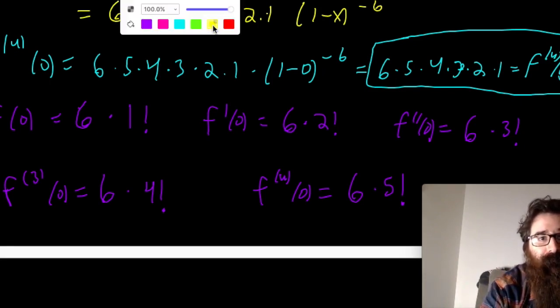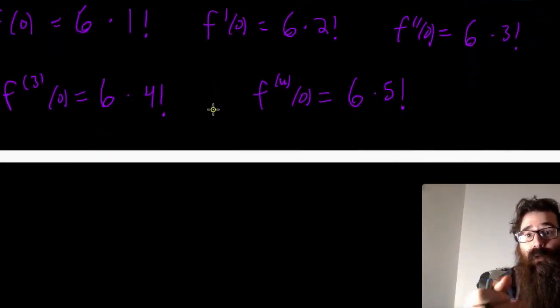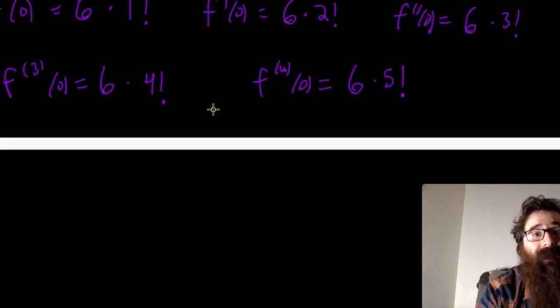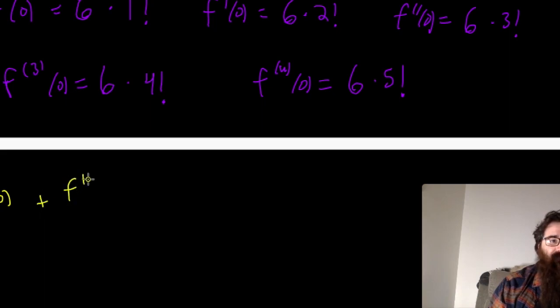Now from here, a good question is, okay, well now how can we build our Maclaurin series? I'm glad that you asked. What I like to do is I like to actually write out the Maclaurin series longhand first, as sort of its polynomial expansion. So we would want to start with f at 0, and then I want to add to this f prime at 0 divided by 1 factorial times x.